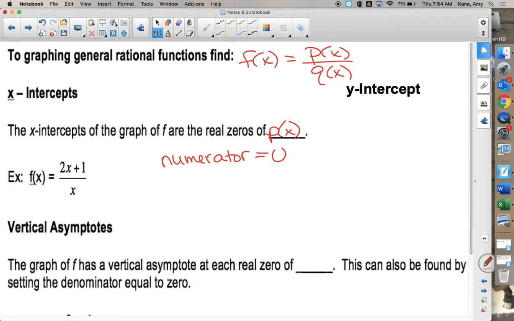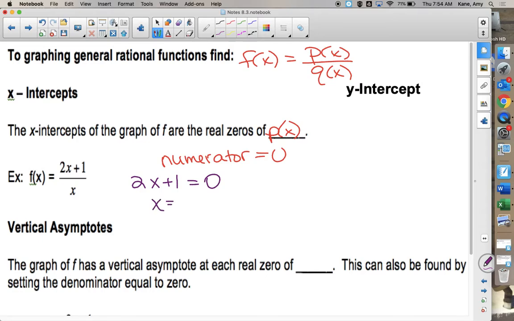So the example here that's given is f of x equals 2x plus 1 divided by x. If we want to get the x-intercept, we're going to take just the numerator and set it equal to 0. And we're solving for x. So if it's an x-intercept, you're finding x. So Michael, if you solve for x here, what do you get?